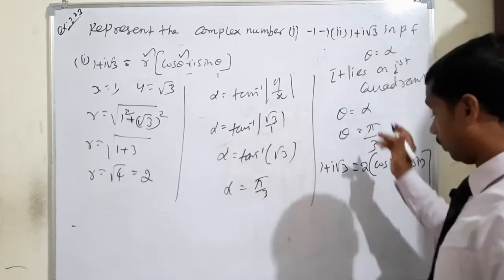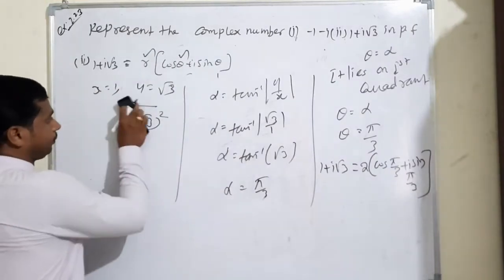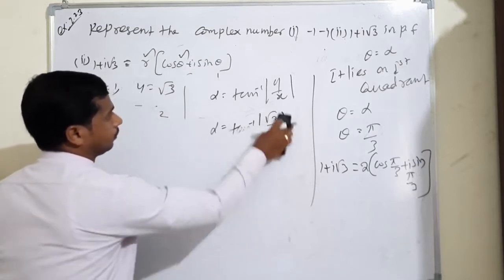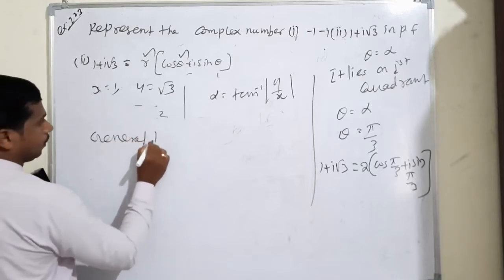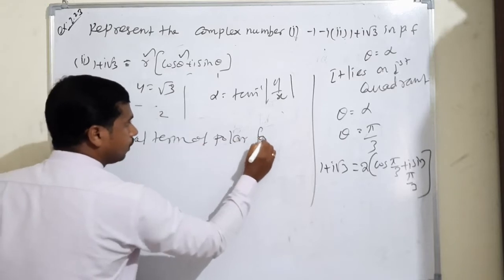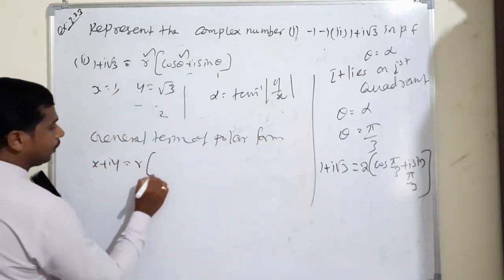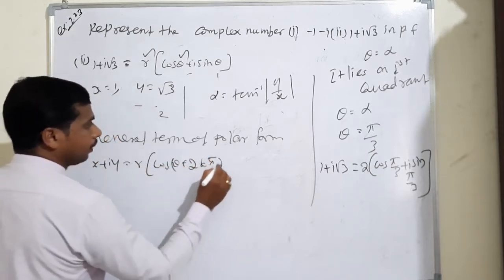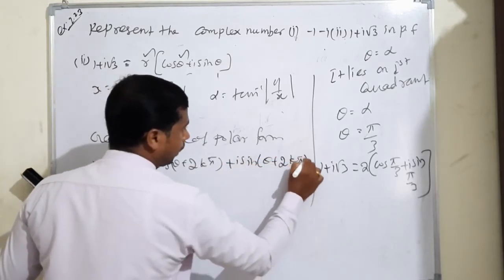So, now we need to write the general term of polar form. General term of polar form means x plus iy is equal to r into cos of theta plus 2k pi plus i sin of theta plus 2k pi.